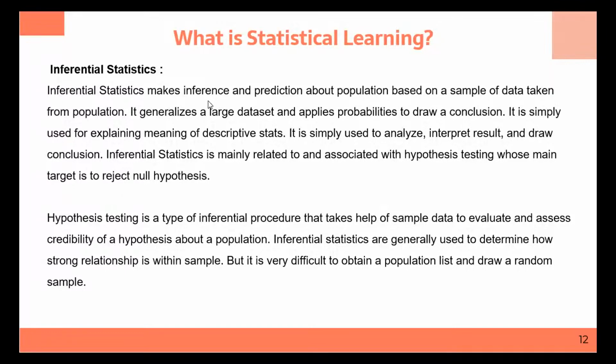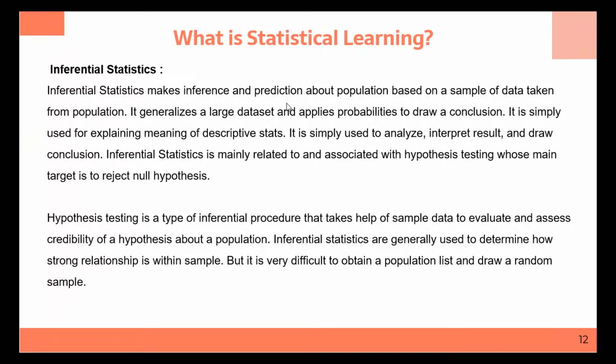Inferential statistics makes inference. What does prediction mean? Prediction is deciding in advance. That's planning. From the sample, I get some insights. Those insights will be applicable to the entire population.